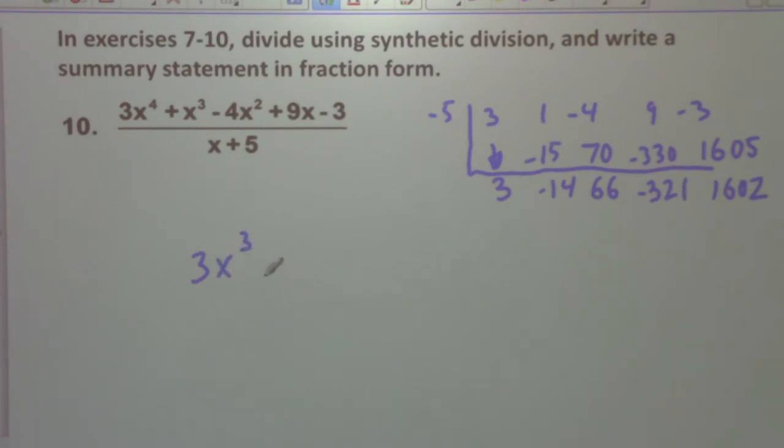Okay, and then minus 14x squared plus 66x. Oh, wait, -321. And then you're gonna add 1,602 over x plus 5.